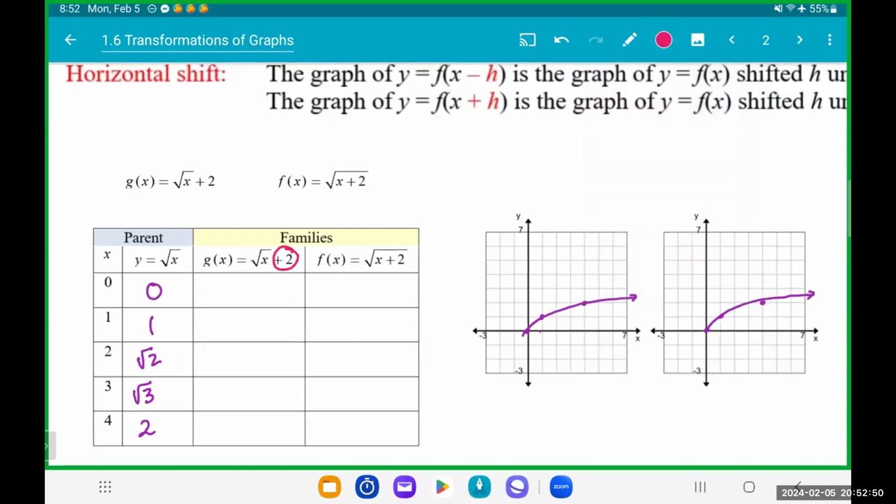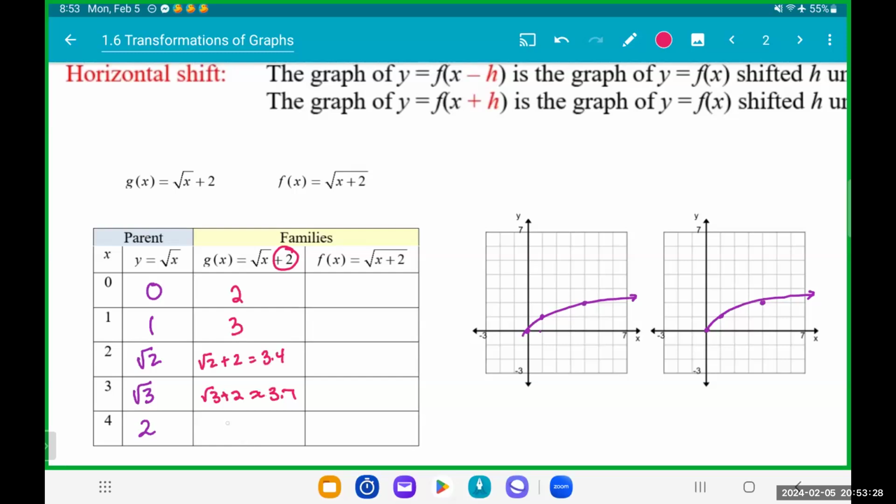Now we're going to add 2 to our parent. So 0 plus 2 is 2. 1 plus 2 is 3. Square root of 2 plus 2 is approximately 3.4. We need to know that to be able to plot it. Then the square root of 3 plus 2 is approximately 3.7.